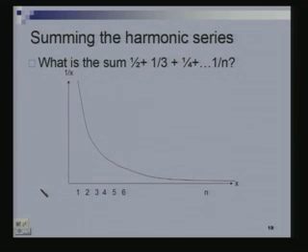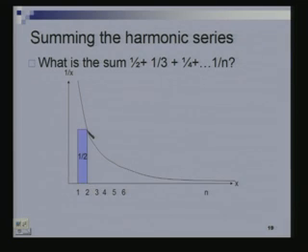So we have to sum 1 by 2 plus 1 by 3 plus 1 by 4 up to 1 by n. Now one trick that we employ very often: we take this graph, which is a graph of the function 1 by x. These are points 1, 2, 3, 4. Let me draw a line here at 2.